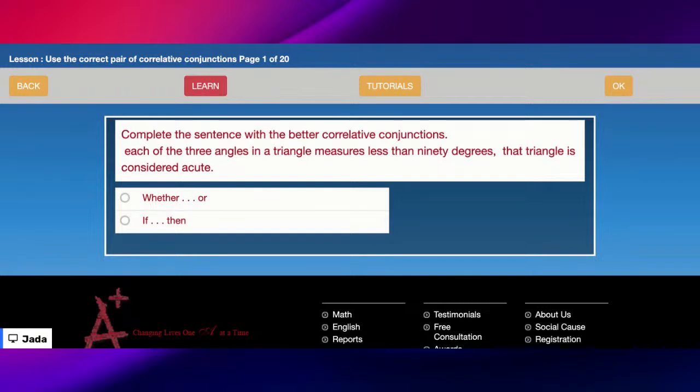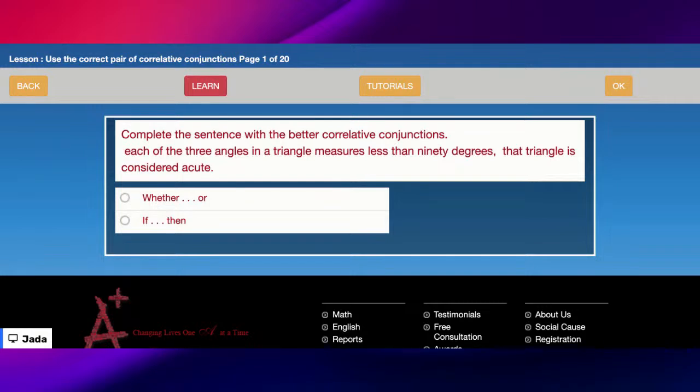Each of the three angles in a triangle measures less than 90 degrees, that triangle is considered acute. So will you say whether each of the three angles in a triangle measures less than 90 degrees or that triangle is considered acute?